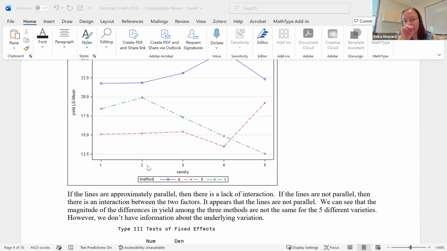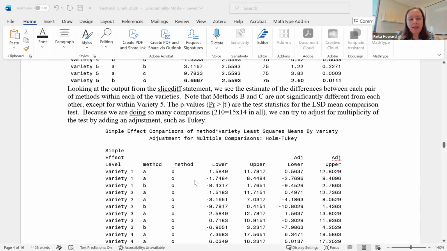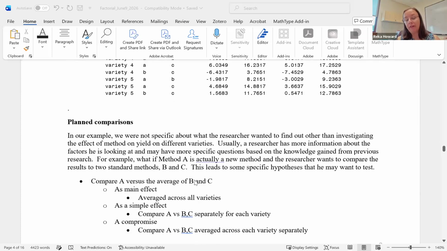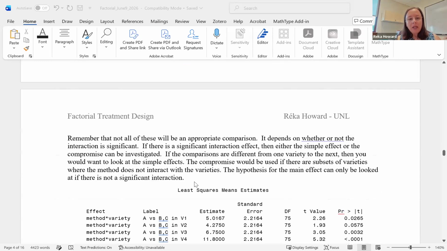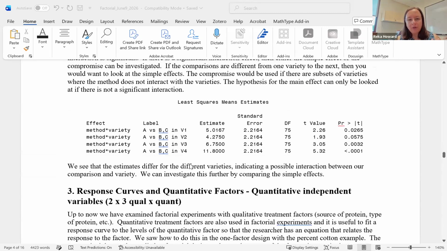So the software won't just give you this specific comparison. But there are many, many comparisons that the software will give you without setting up contrasts. So I will kind of stop here with this example.